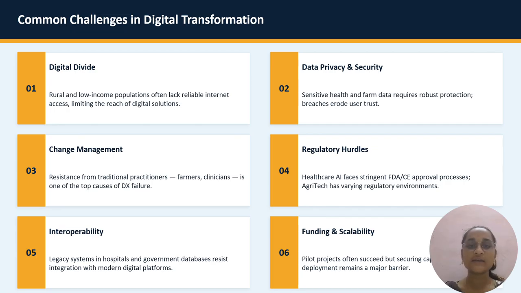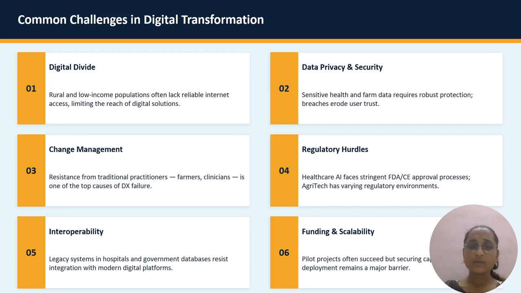Sixth one is funding and scalability. Pilot projects are often successful, but securing capital for national scale deployment remains a major barrier. It is easy to run a small test with 100 users, but finding money to scale it to millions of people is much harder. Next, the conclusion: technology is not the hardest part of digital transformation.